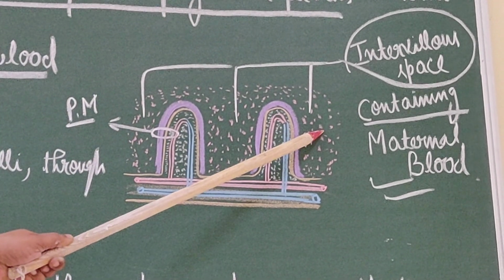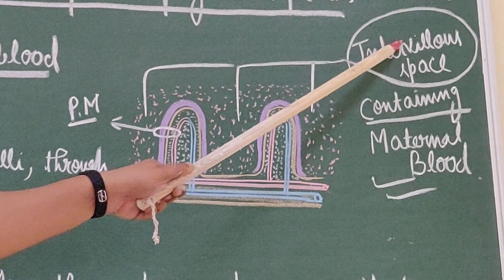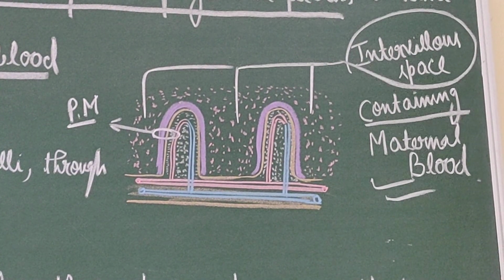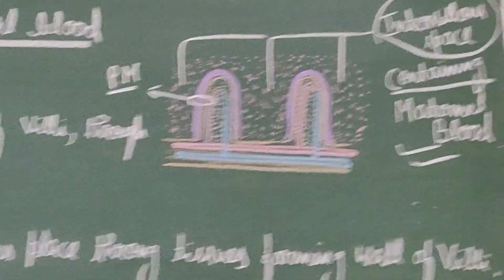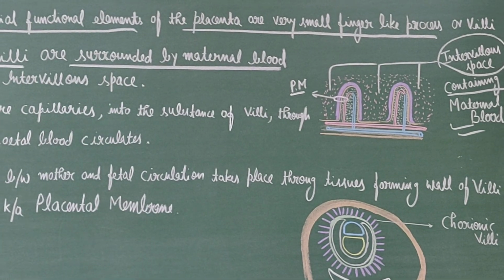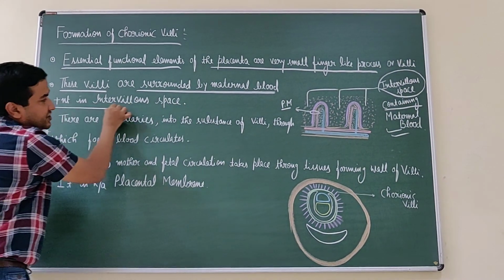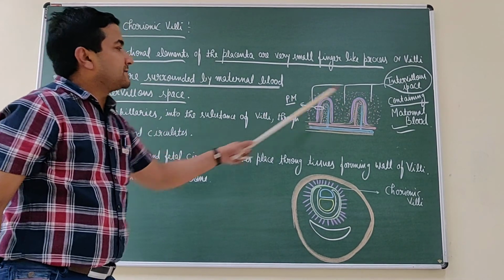And where is this maternal blood present? It is present in the intervillous space. So at this point, these villi are surrounded by maternal blood, and that maternal blood is present in the intervillous space.